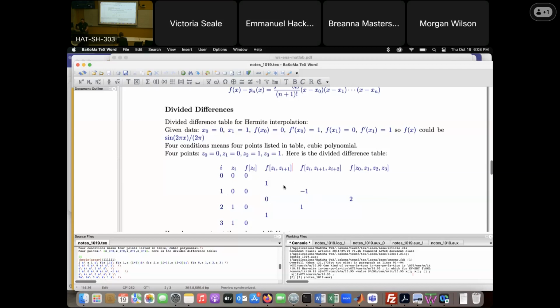So then just complete the divided difference table there, like done before. Are there questions about how this divided difference table is filled in?